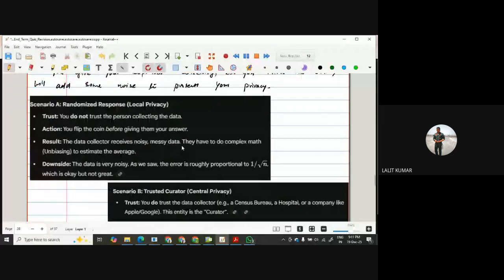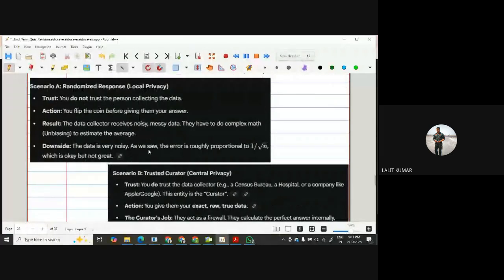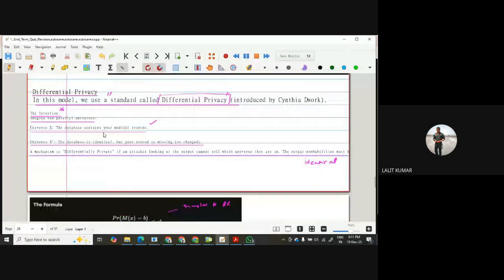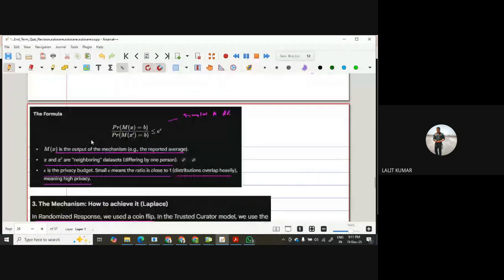So this is random, this is trusted. So what do we do? Again, the thing is the same. We have two parallel, or we can say two neighboring, data sets. In one, everybody has answered correctly except the last one. So this is the probability M(x) equal to b, of some function, which is less than or equal to e to the power epsilon.